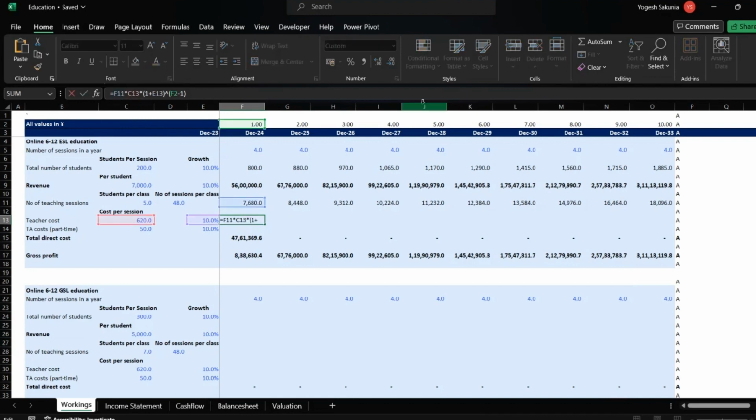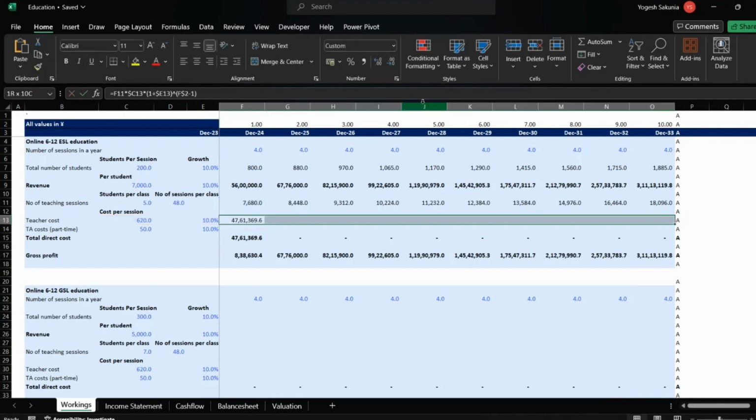Let me freeze a few things because we want to drag it down. Let me not freeze the F11. C, E2. Okay.